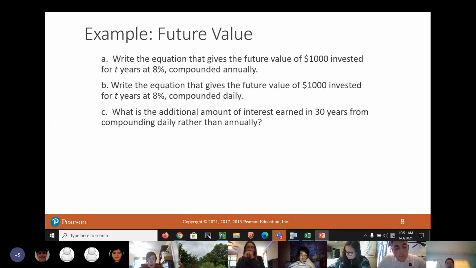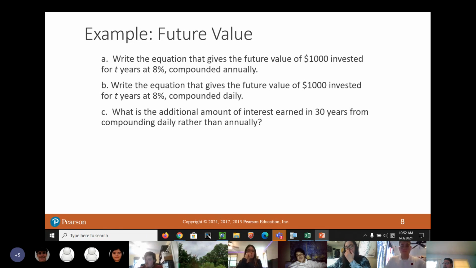And rather than annually, okay, forget it. Forget about C. They're asking you what the difference between A and B. All right, make T equal to 30 years. T is equal to 30 on both A and B. I don't know why they didn't tell you that.